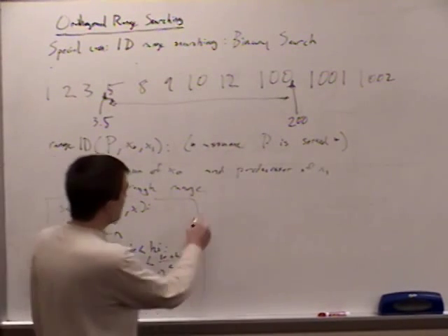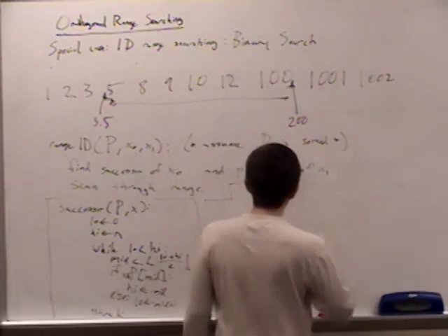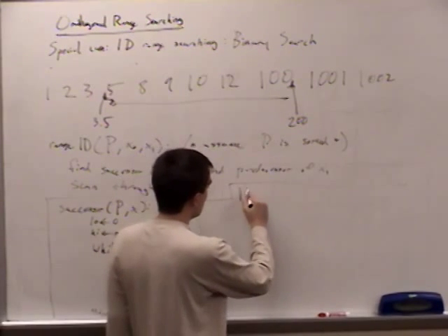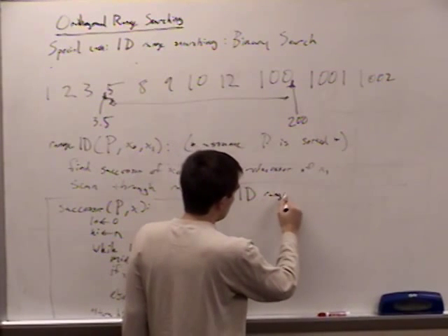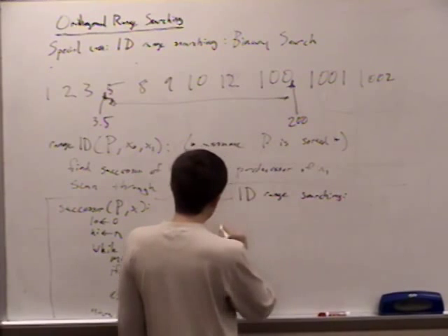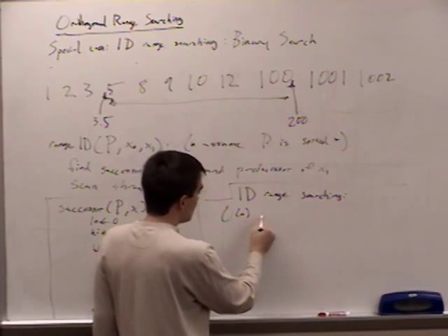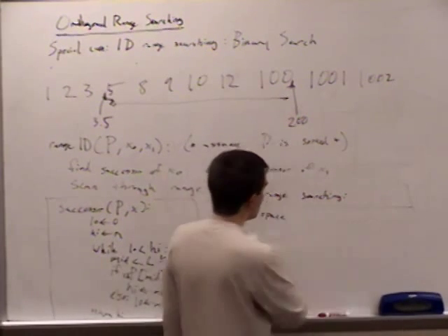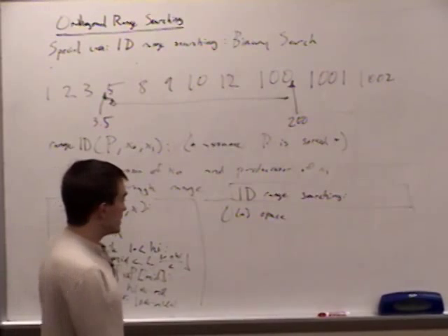So the bottom line: here are some facts about 1D range searching. We can do it. We have order n space, because we have to store all of these things inside this sorted list.